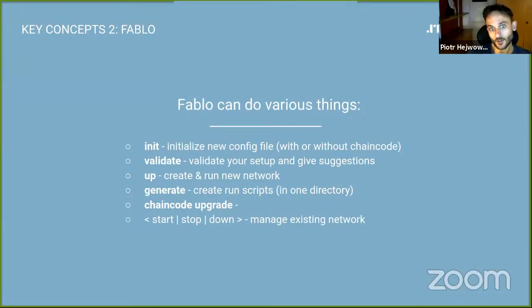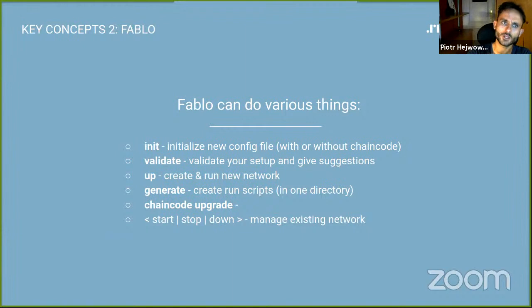And also, as was said, we have the command Fablo up to get everything running. But besides running everything, we also have the generate command. So you can generate scripts for running the network and then customize them a little bit for your custom case.